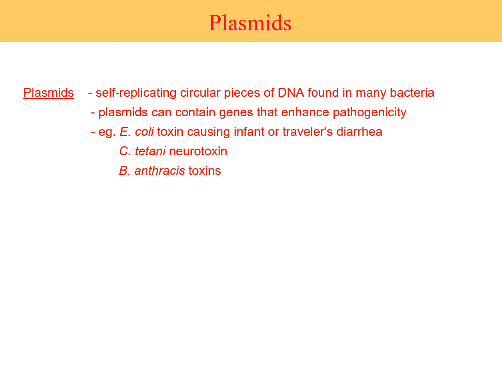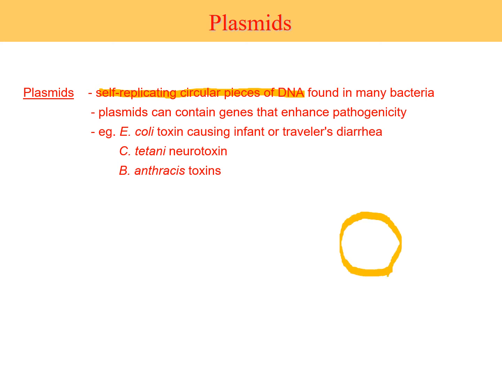So those plasmids that I talked about and told you were self-replicating, much smaller than the circular chromosome, the single chromosome found in bacteria, are self-replicating small circular pieces of DNA found in bacteria.